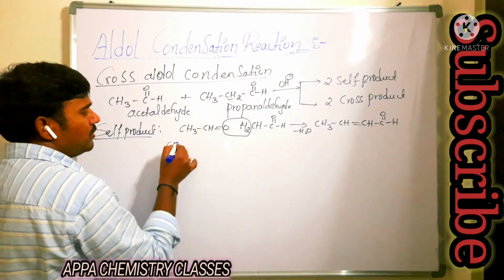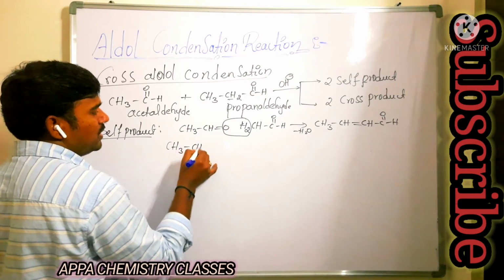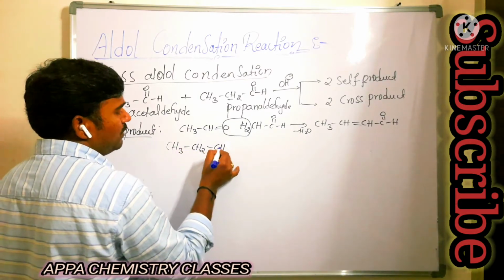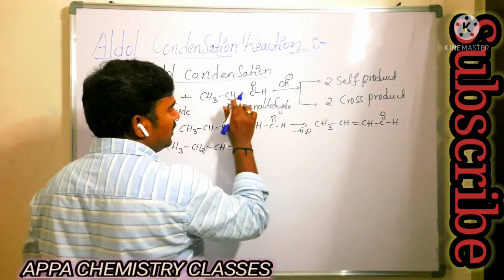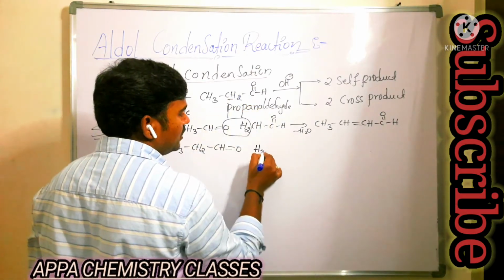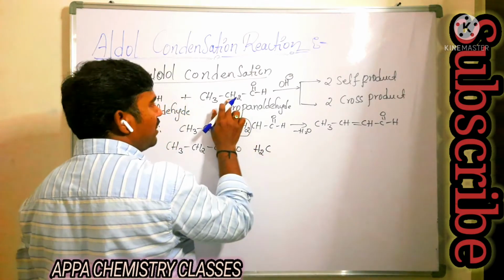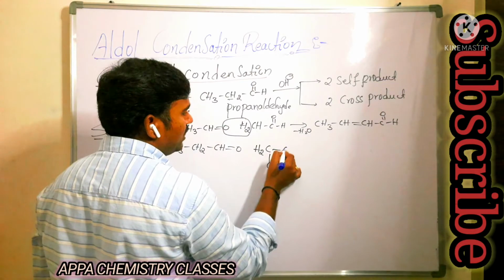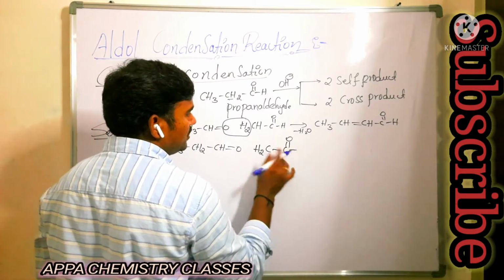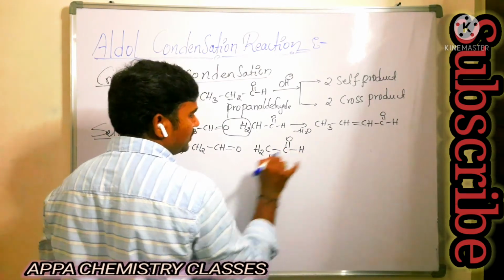So for the other compound, CH3CH2CH=O, the aldehyde CH=O, and here the alpha carbon is this one, H2C, and this alpha carbon contains a CH3 group, bonded with the aldehyde functional group.